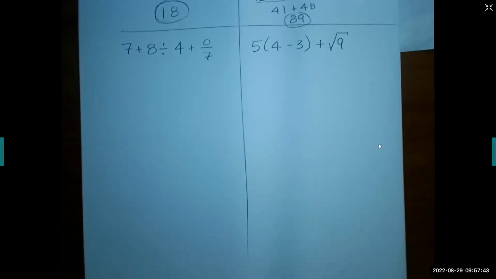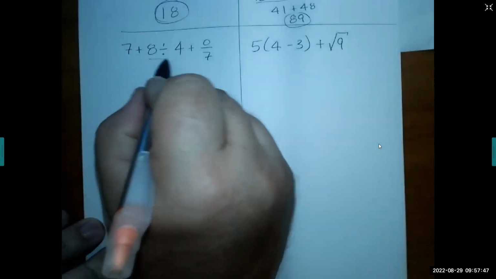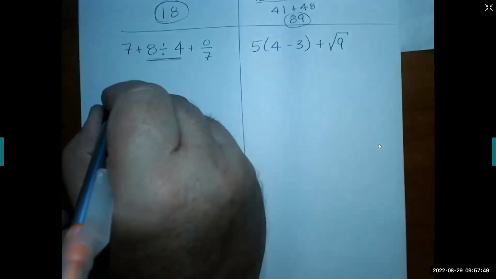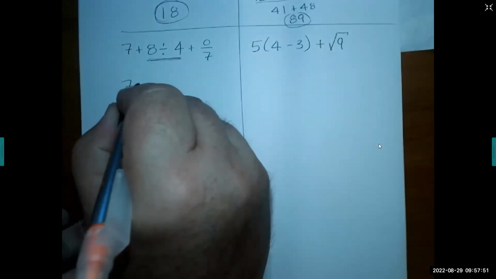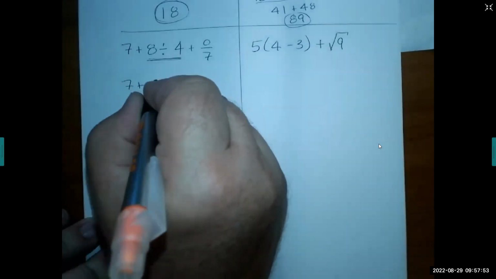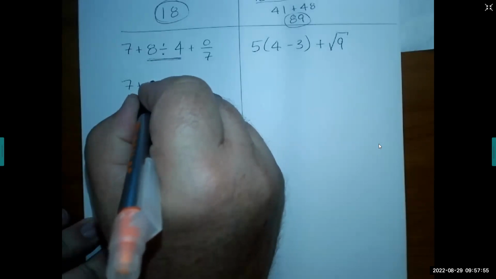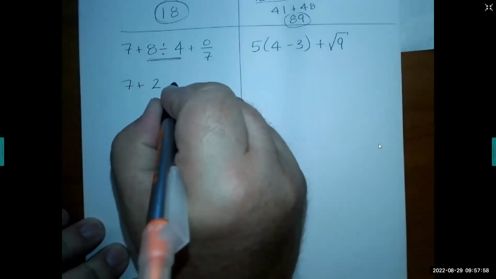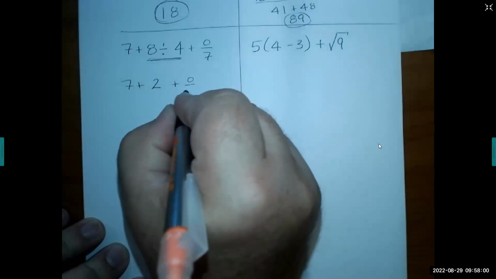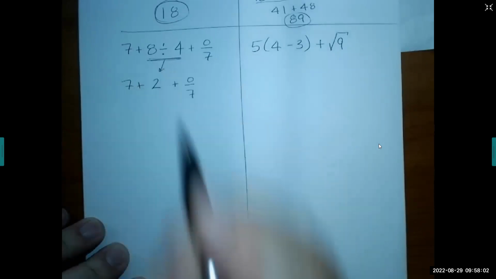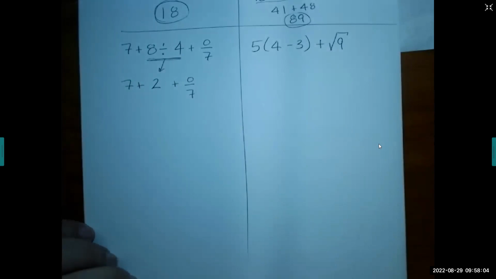What's on the left one? Which first thing do you got to do? Yeah, you got to do division. The first division. So you have 8 divided by 4 is 2. Left to right. Here's another division.